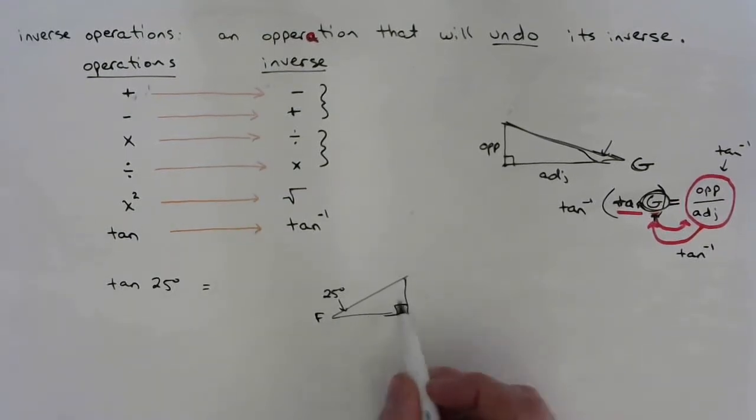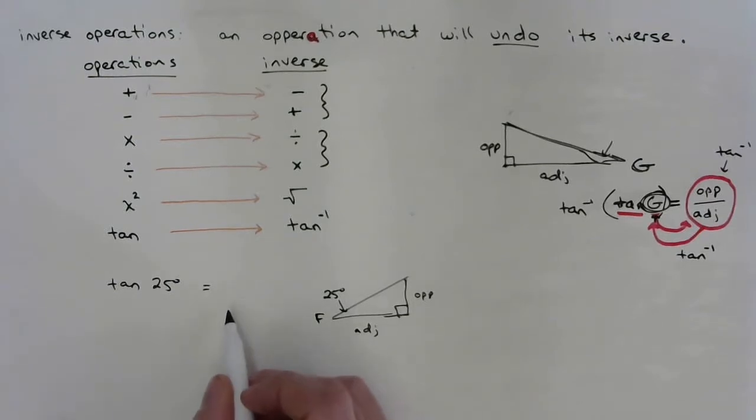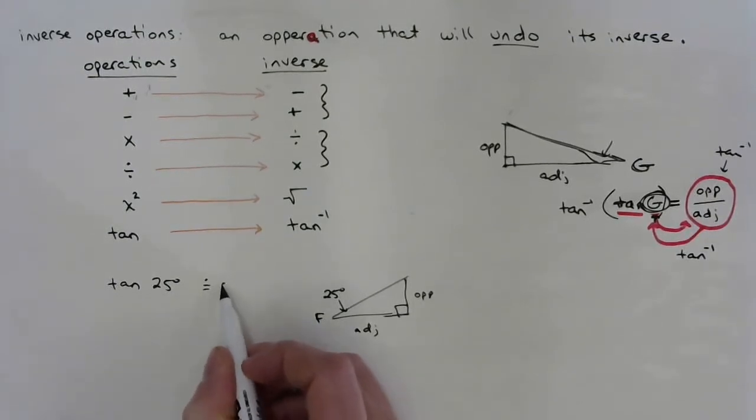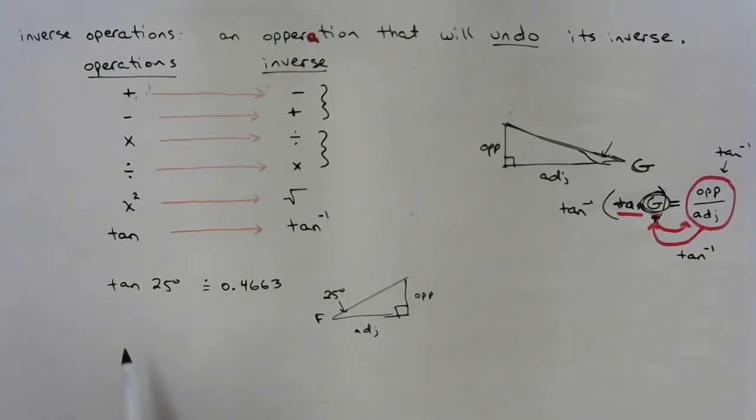And you got the ratio of this side length over this side length. The final answer there was approximately 0.4663. And all you had to do was go on your calculator, find the button that says tan, 2, 5, enter. That got you a ratio. Now look at this.